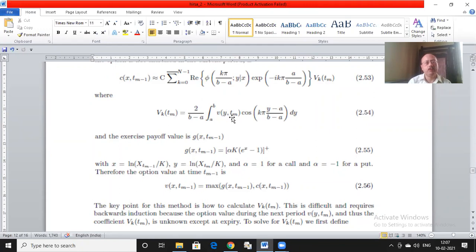Or I can exercise immediately and get this payoff. There are some notational problems here, so I'm going to correct them. But is the idea clear? So just recall the binomial model calculations last term. It is the same kind of logic.